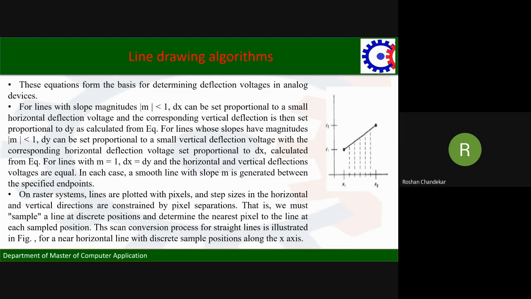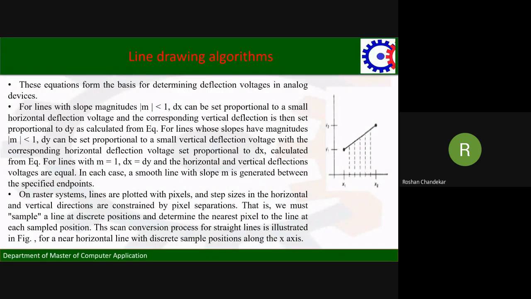For a line whose slope magnitude m is less than 1, delta y can be proportional to a small vertical deflection voltage with the corresponding horizontal deflection voltage set proportional to delta x, which we have calculated from the equation.